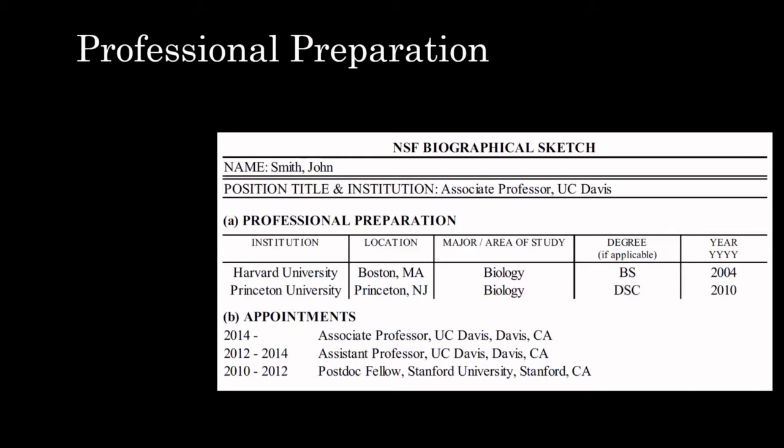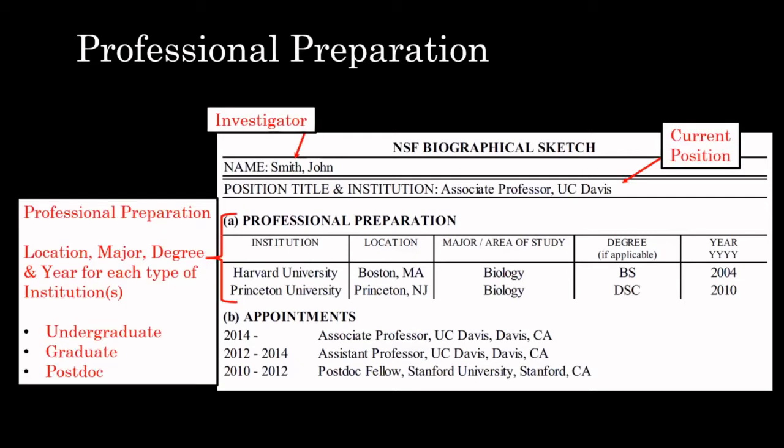Taking a look at the NSF biographical sketch, a couple of the key pieces that we need to make sure we have, obviously the investigator, their current position, and in section A, the professional preparation, which is essentially their education. We list institution, we list location, we list major or area of study, their degree, and then the list starts with their oldest year of education achieved, right?